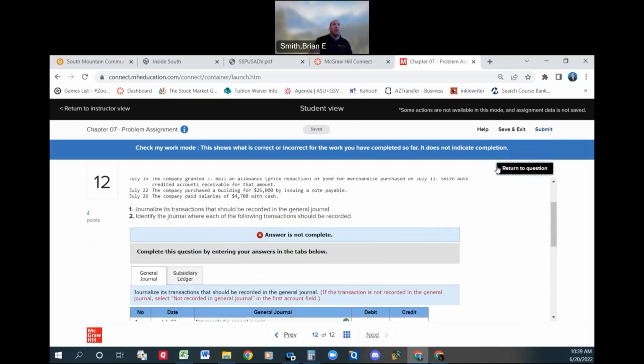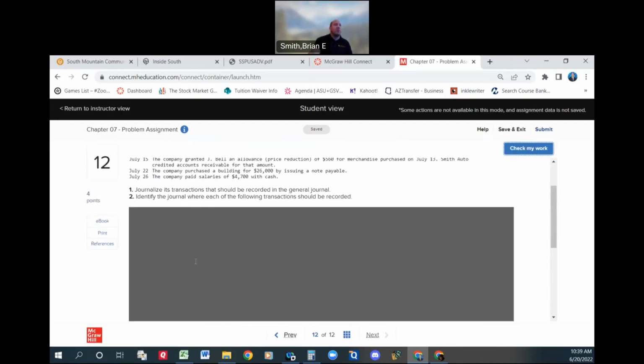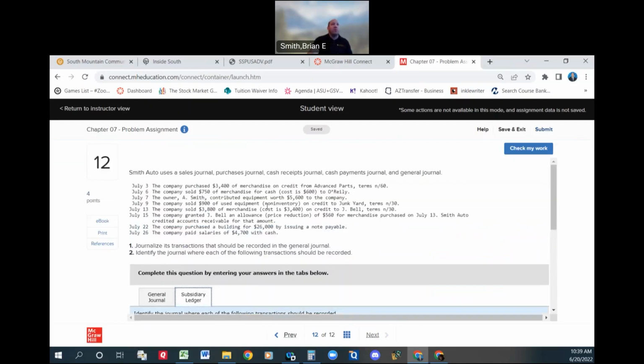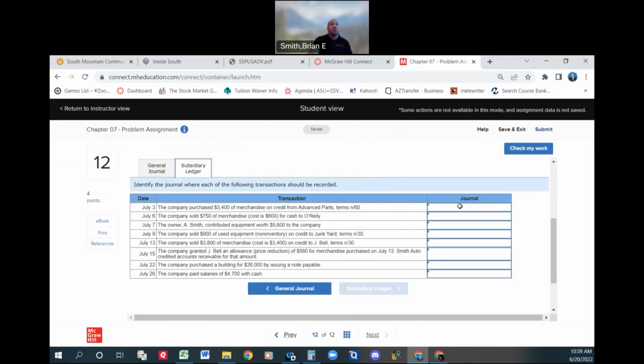All right, now let's go to the second part of this. Subsidiary ledger. Identify the journal in which each of the following transactions should be recorded. So it's basically the same transactions. Now you're just identifying which one should have gone in. Company purchased $3,400 on credit. If it's purchased on credit, it's a purchases journal. If we sold for cash, it's the cash receipts journal.